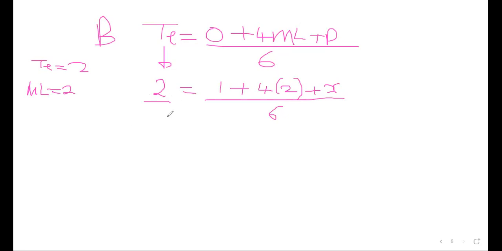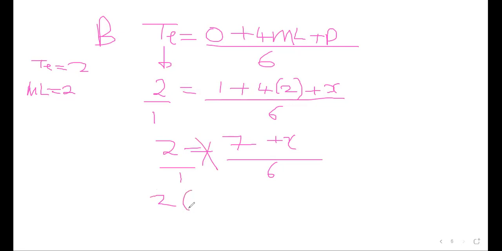So we need to now cross multiply. That one will be 2 is equal to 6 plus 1, which is actually 7. So it's 7 plus X, then over 6. So over 1, we can cross multiply.